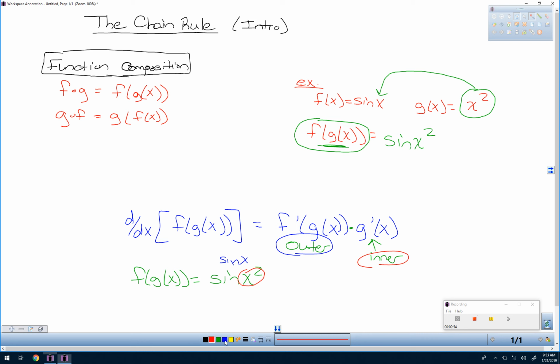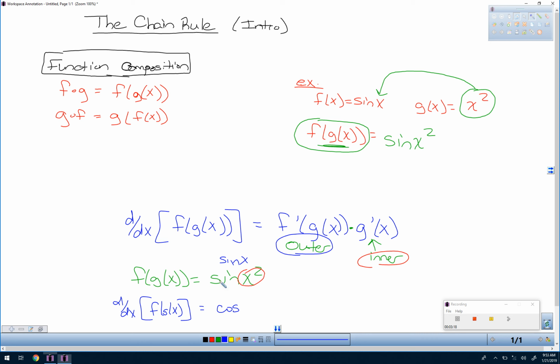If I use this rule, the derivative of f of g of x for this problem would be the derivative of the outer function, sine of x, which is cosine, but with the inner function still inside of it.